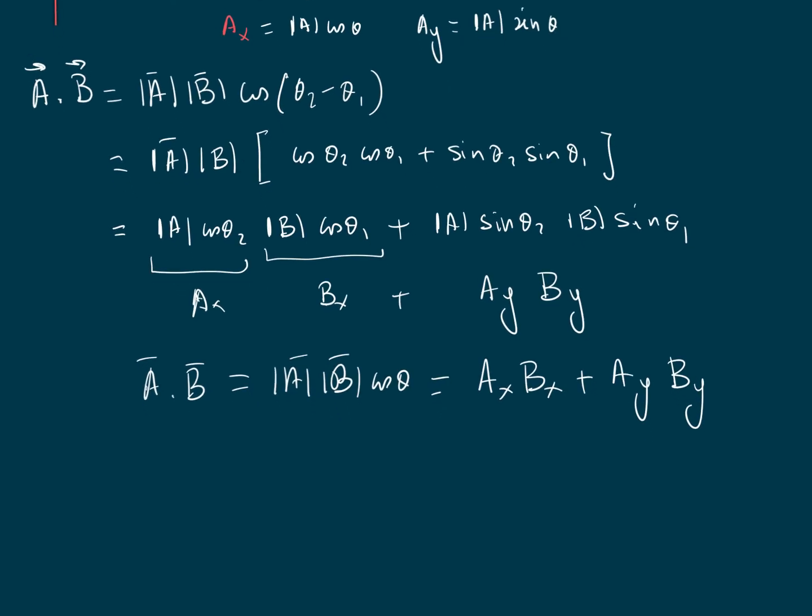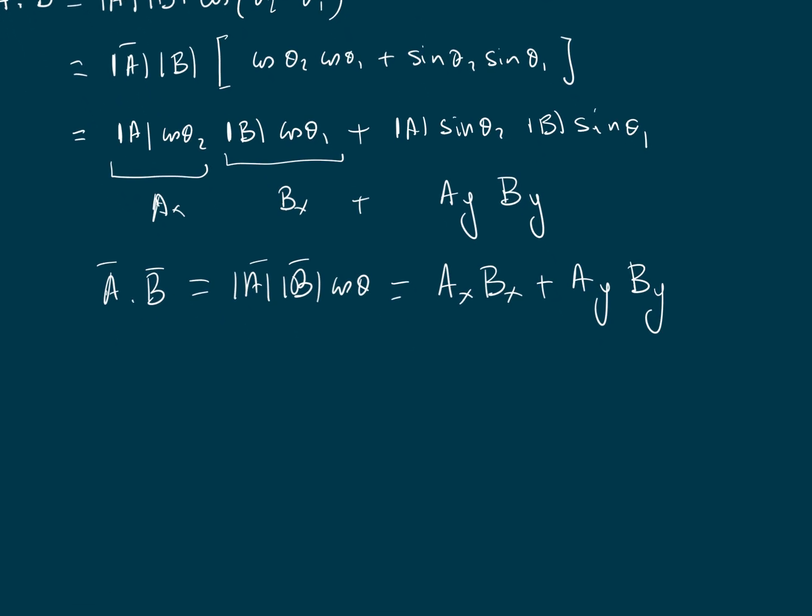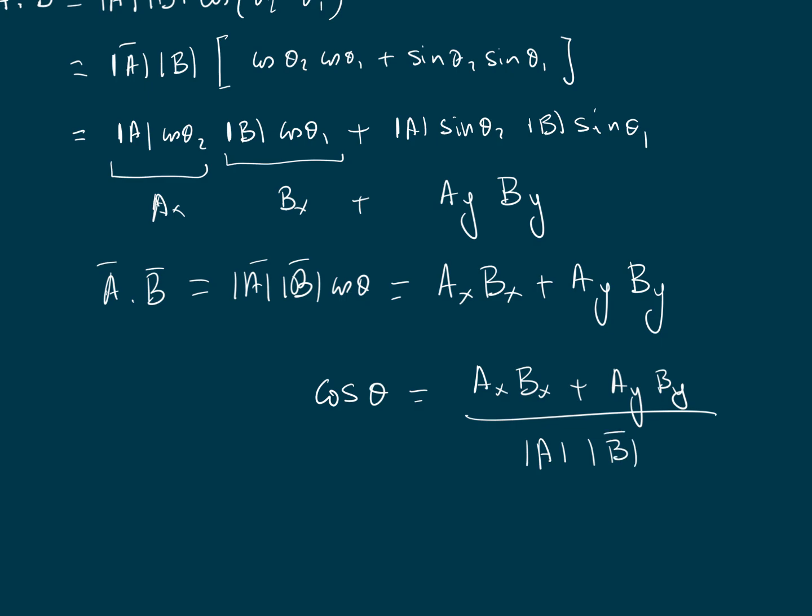Then the formula that I will use in problems is that the cosine of the angle that the two vectors made is Ax Vx plus Ay Vy divided by the magnitude of A multiplied by the magnitude of V. And this is the equation that we will use in many of the problems that are here.